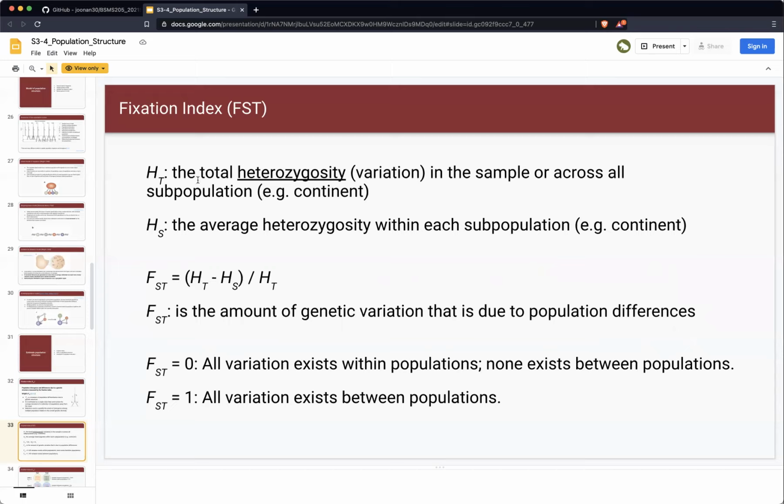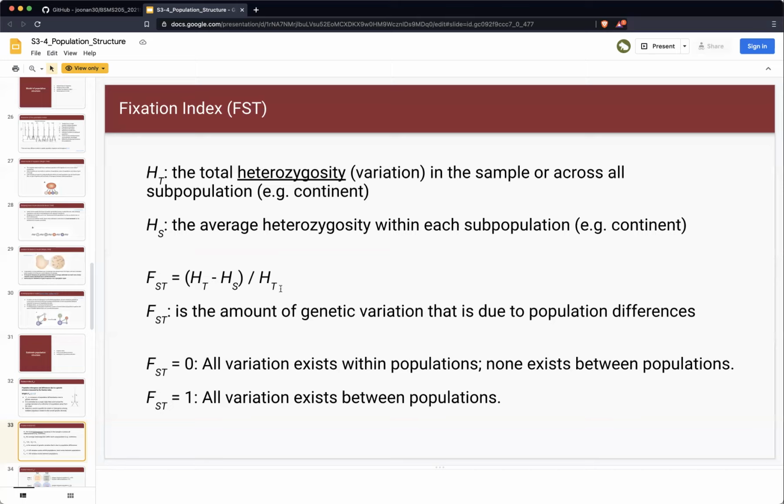So here, if you measure the HT, you are measuring the heterozygosity from all of the population. If you compare African and European, you measure the heterozygosity from all the individuals. Then you measure the average heterozygosity within each subpopulation. Then you can easily calculate the fixation index, which is HT minus HS, and this difference is divided by HT, right?